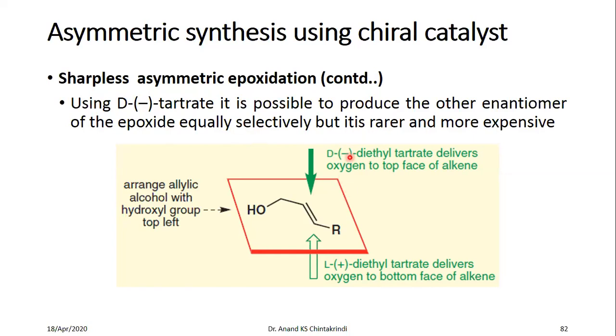That means the oxygen is added on the top face. So if this is the plane of the alkene, when you are using the dextrorotatory form, that is the capital L form of the diethyl tartrate, it delivers the oxygen to the bottom face of the alkene, whereas the D or the levorotatory form delivers the oxygen on the top face of the alkene.